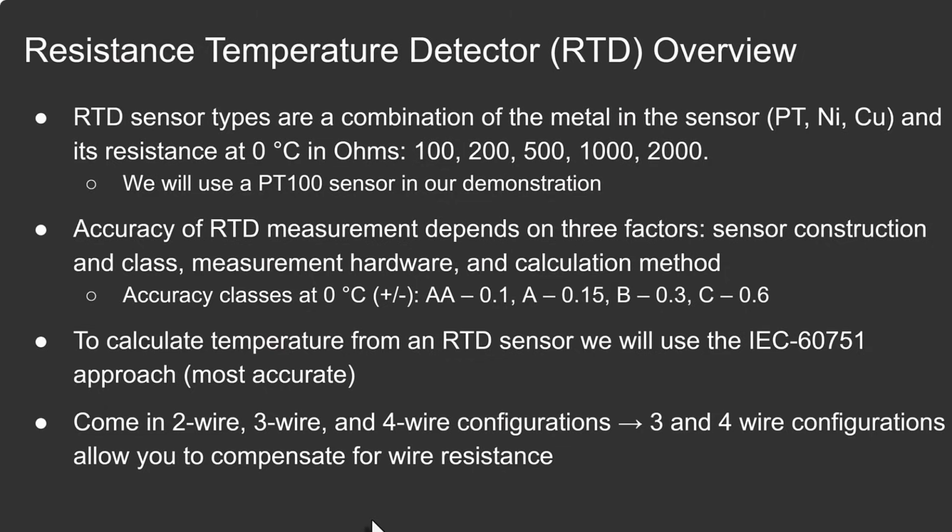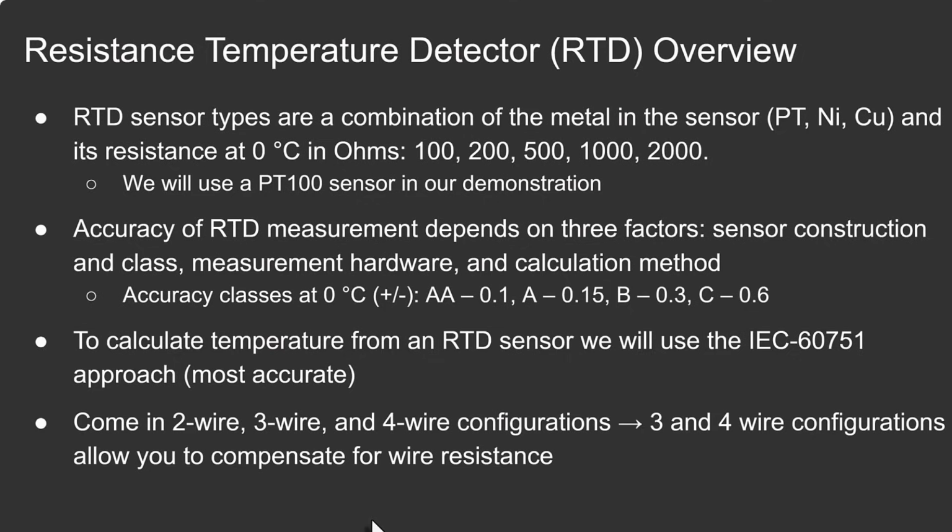Now for RTDs, when you're close to 0 degrees C, they're very linear. But as you go farther away, they become nonlinear, and that's where the calculation method is really critical. And no calculation method out there is perfect. The IEC-60751 is the most accurate, but it uses some pretty involved math.